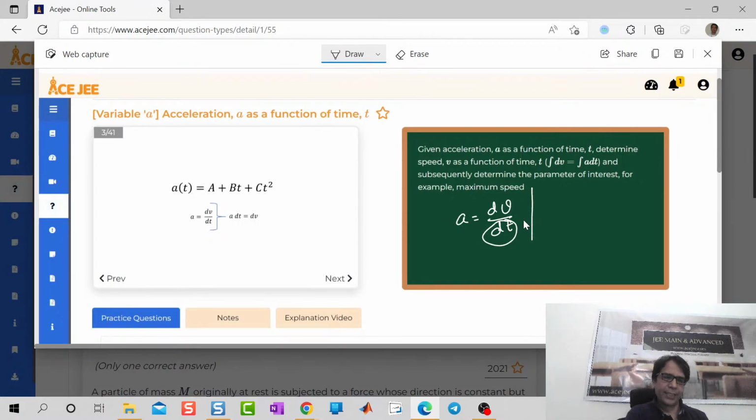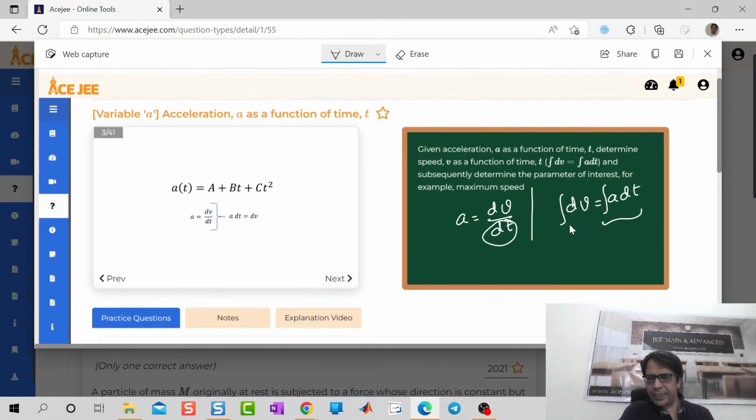a equals dv by dt, so dv is a dt. Now that we have taken dt to the right-hand side, we're going to integrate. The right-hand side is purely a function of time. The left-hand side is a pure differential in v.